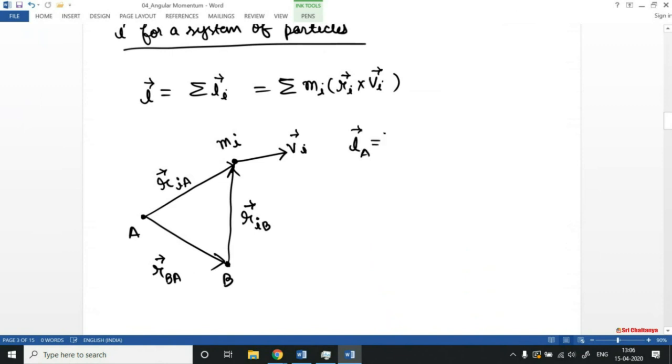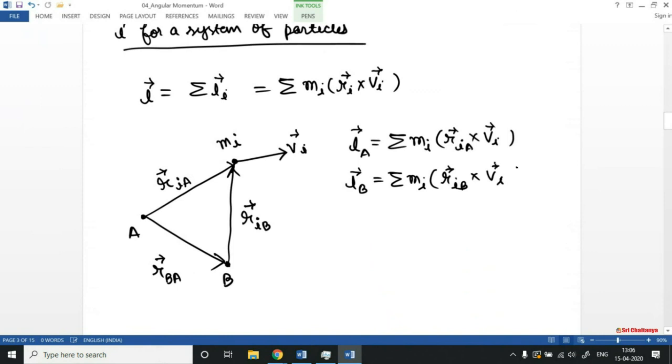Okay, so the angular momentum of A can be written as summation of mi into riA cross vi, whereas LB can be written as summation of mi riB cross vi. So we wish to write down the relationship between LA and LB.